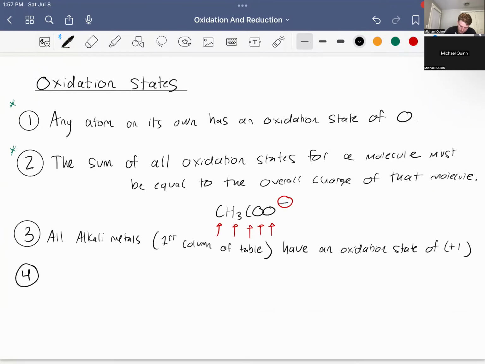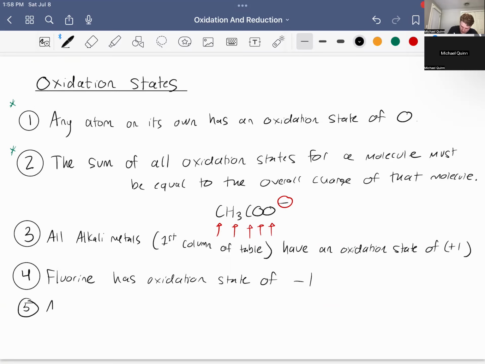Rule number 4 says that fluorine has an oxidation state of -1.